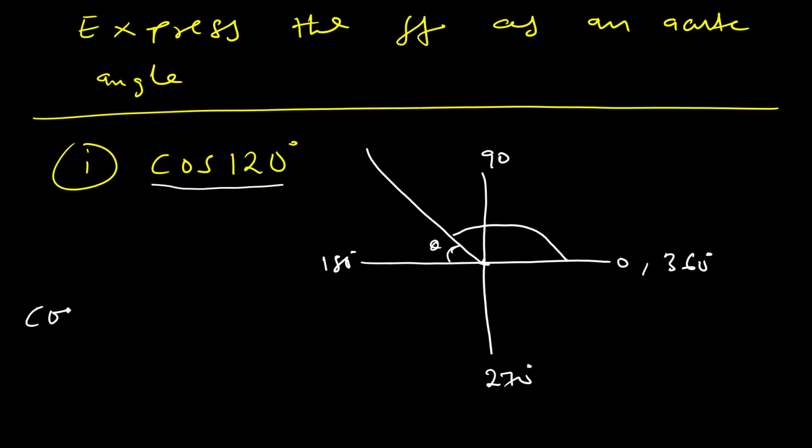So cos 120 degrees is the same as... we know from here to this side is 180, and we've measured 120 degrees here. So 120 plus what value will make 180? 120 plus 60 will make 180. So the acute angle here is cos 60. But let's check the quadrants. We have CAST.